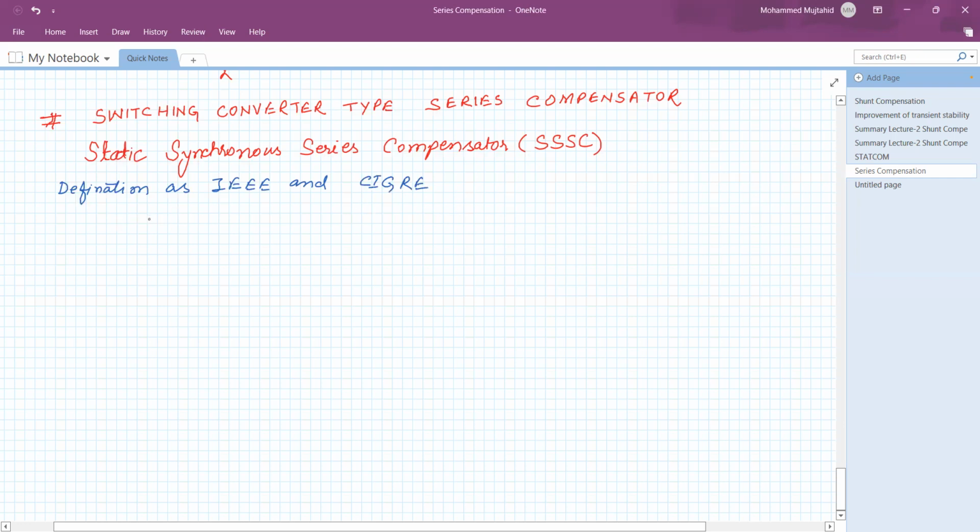So as per this definition, SSC is the series compensator.